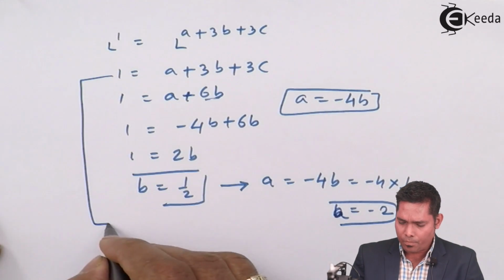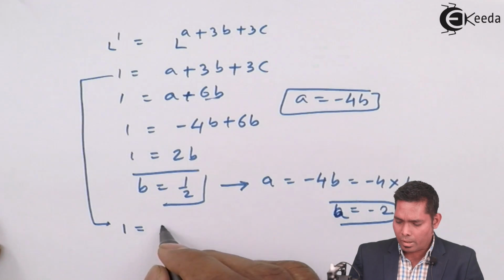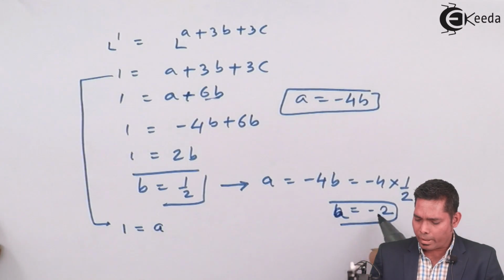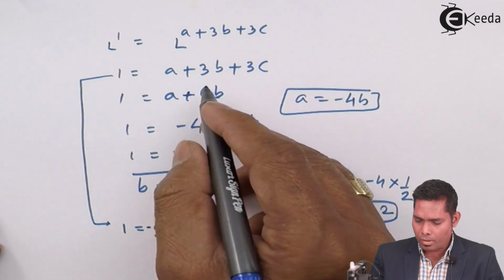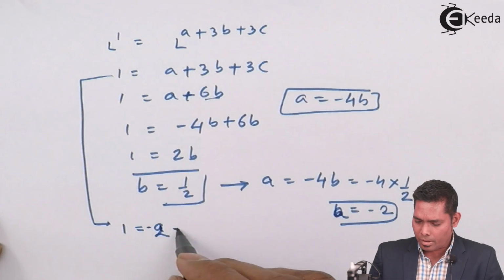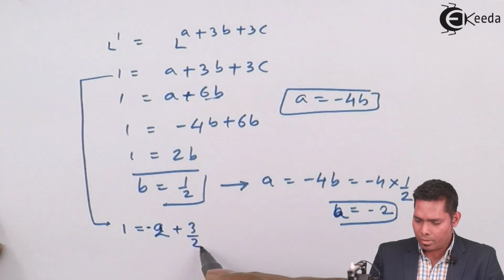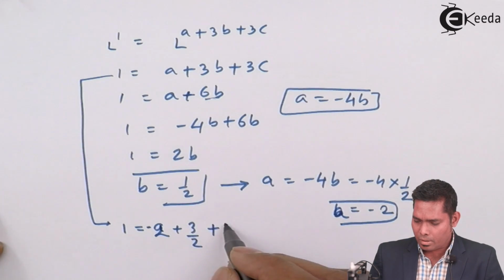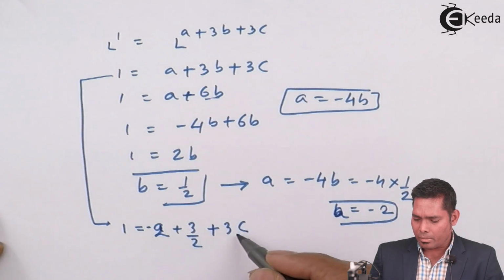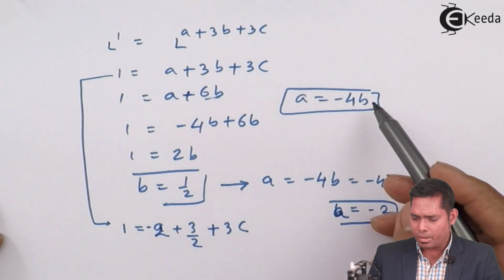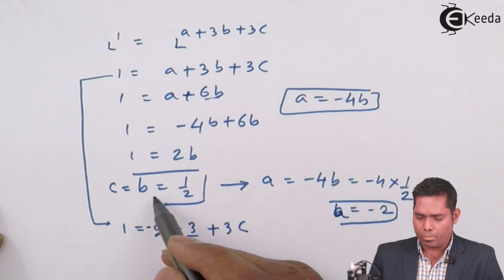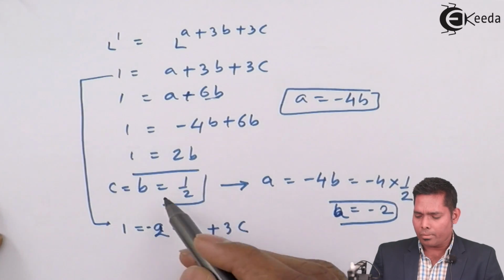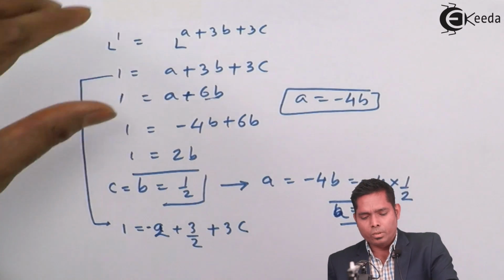Suppose this equation, 1 equals a, which is minus 2, plus 3b, that is 3 times half, plus 3c, and I'll get the value of c. Anyway, I know that b and c are equal. I don't have to calculate the c value because c equals b. So c, b both are half and a equals minus 2.